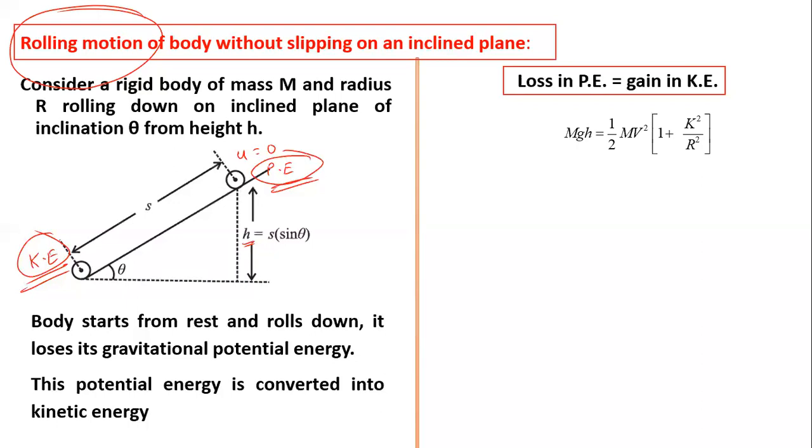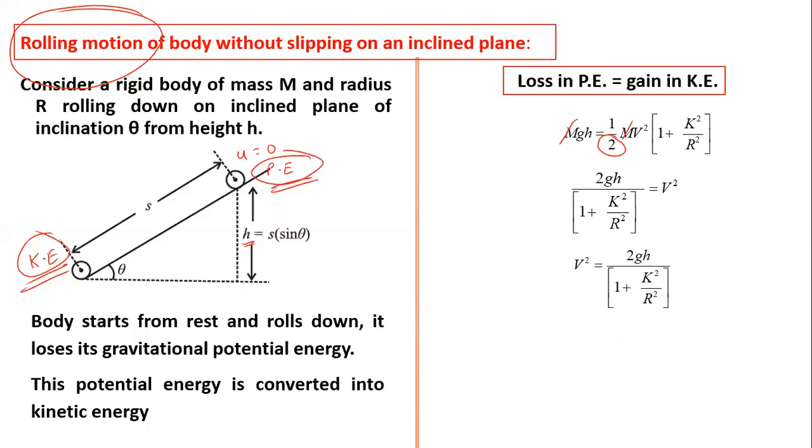Now here this m gets cancelled. Okay? So we can write the formula of v square by using this. So this 2 is shifted to this side, so 2gh divided by this bracket 1 plus k square by r square is equal to v square.